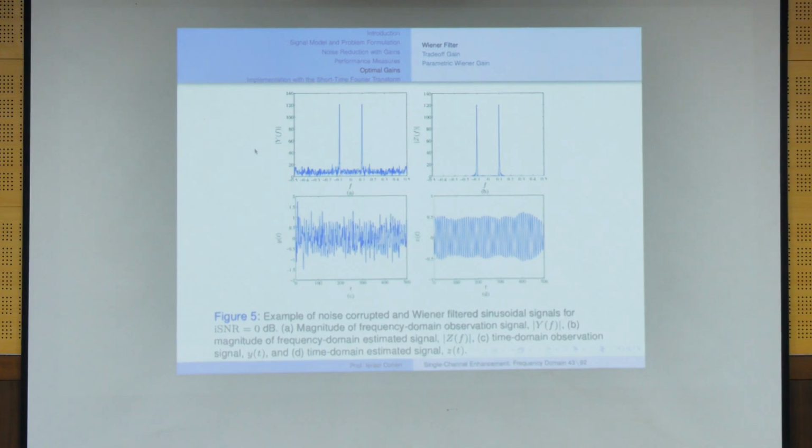But beyond that, I want to discuss with you what kind of information we used to obtain this estimate, these gains. We assume that for each frequency, we know accurately the input SNR. It's not obvious to know the input SNR. Usually we need to estimate it.